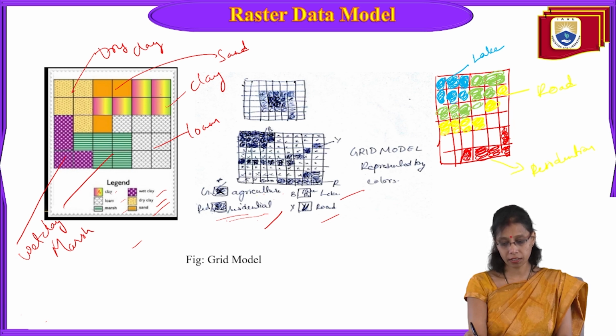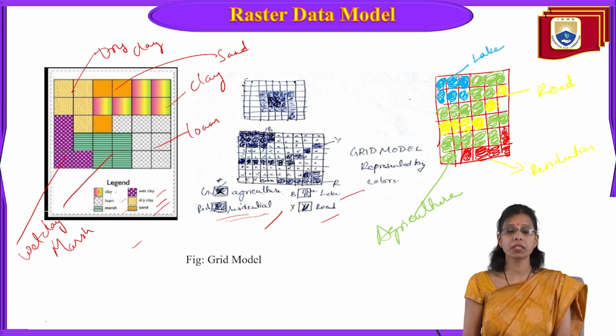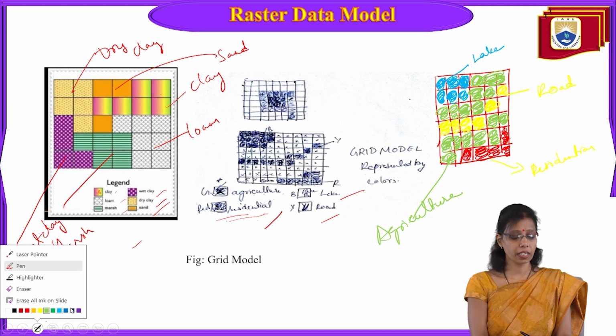So this is agriculture, this is agriculture, this one is agriculture. Okay. So all these grids which are converted like this come under agriculture, right? So this is how the grid model is formed. So the grid model is represented in different colors. Okay.